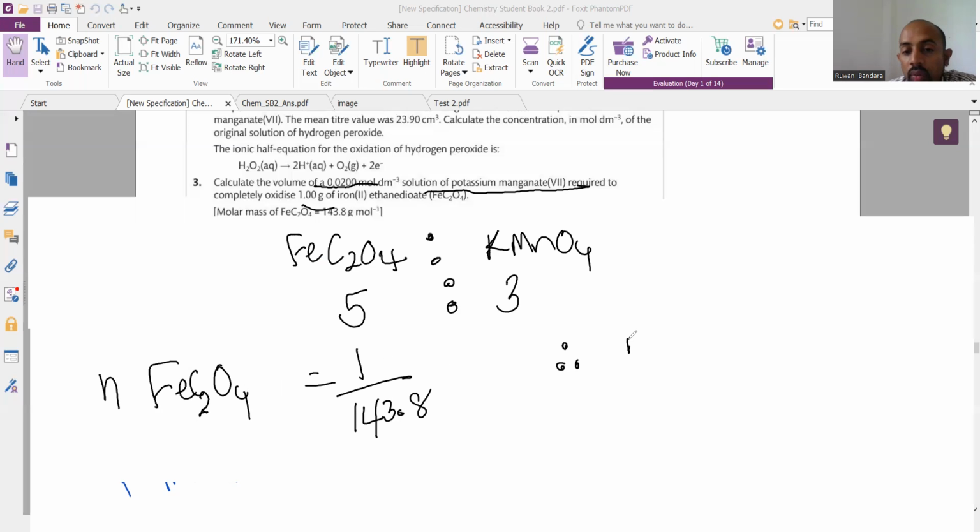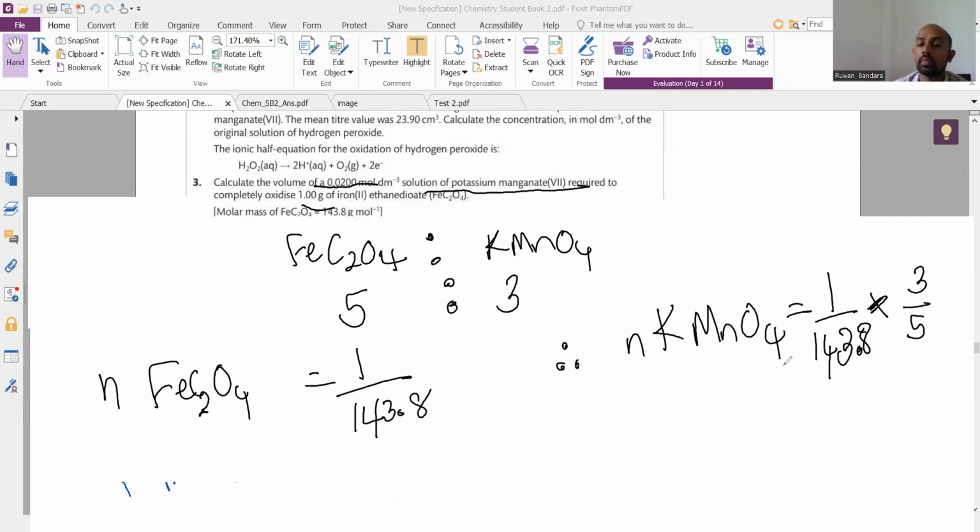Therefore, the moles of KMnO4 will be 1 divided by 143.8 times 5/3.